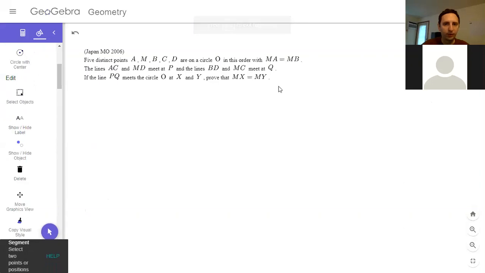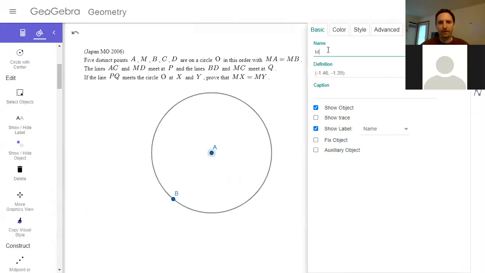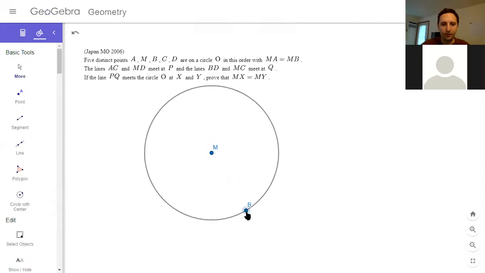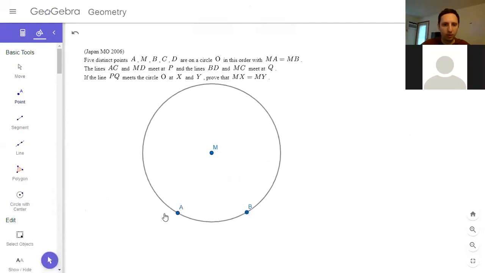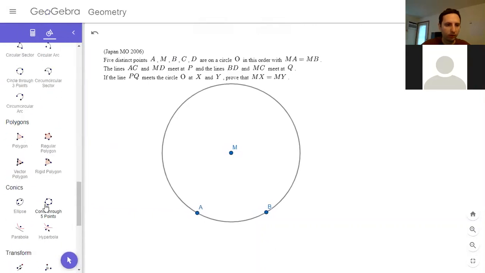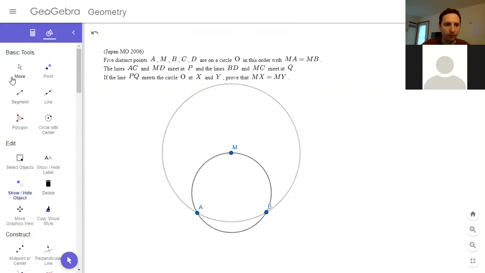We have 5 points on a circle, but we know that MA is equal to MB. So we have MA equal to MB, and they're all on a circle. Let me hide that circle.